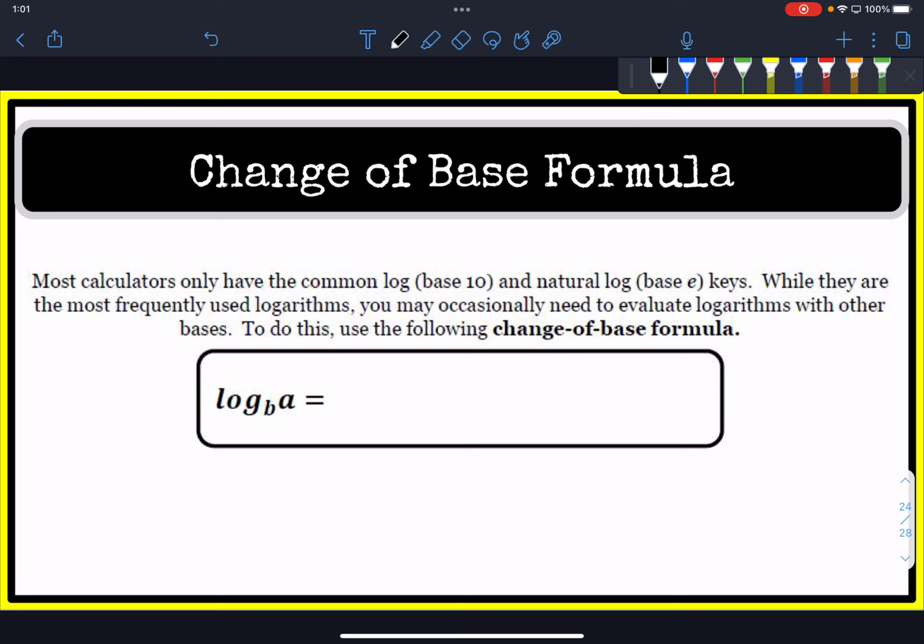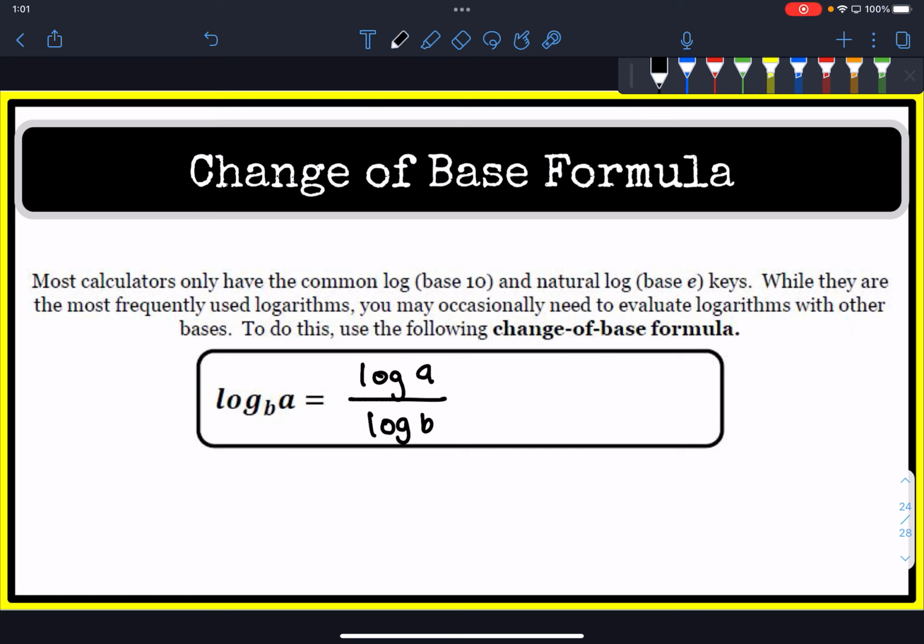So let's say I have the log base b of a. The change of base formula dictates that if I take the log of a and divide it by the log of the base b, using the common log, base 10 of a and log base 10 of b, and divide those two things, that will equal this value here.